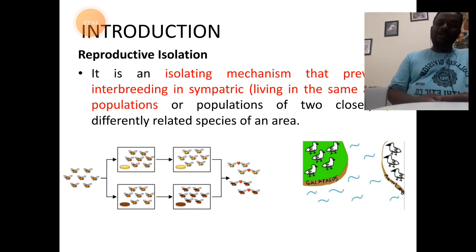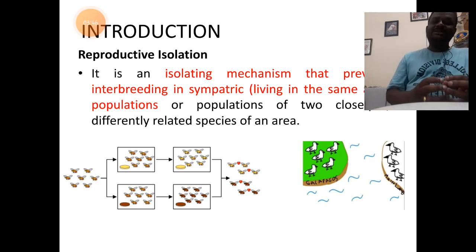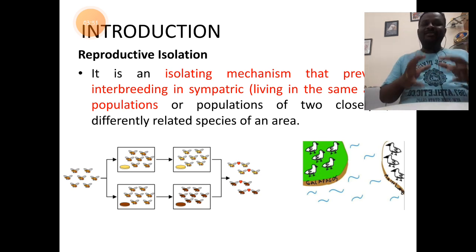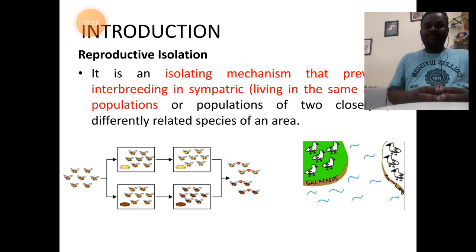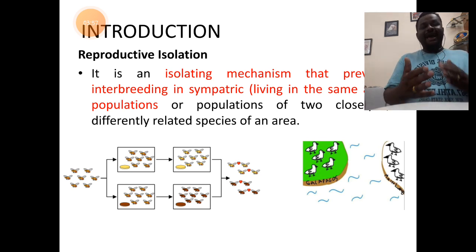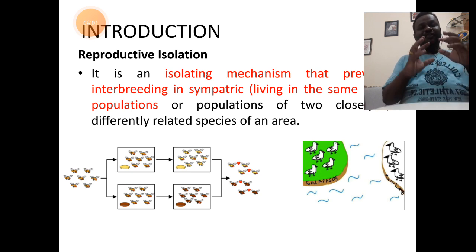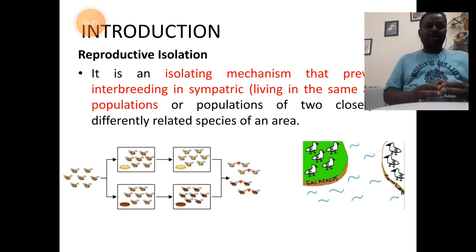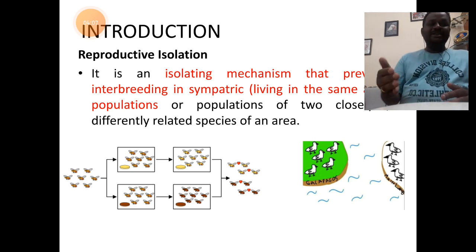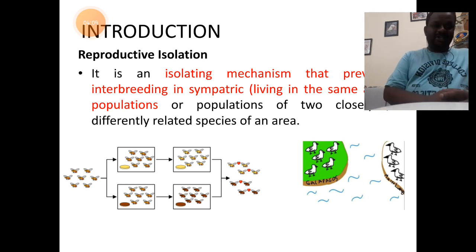This is called reproductive isolation. Students, just remember the concept: organisms remain together in the same geographical area, but they do not mate. So the mechanisms involved in keeping them from mating, or forbidding them from the mating process, are called reproductive isolation.